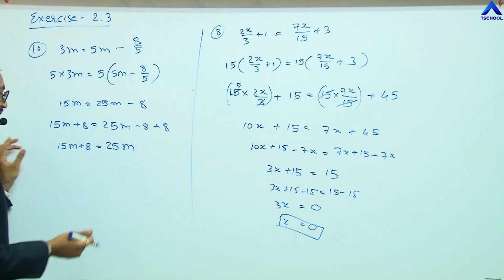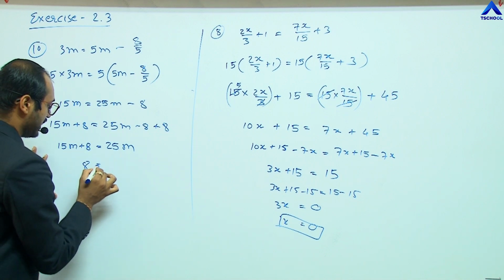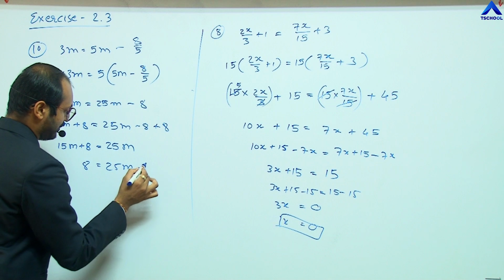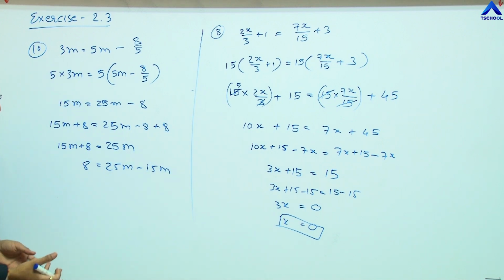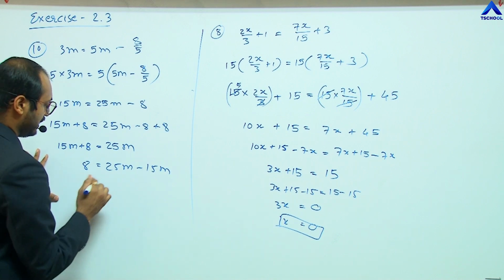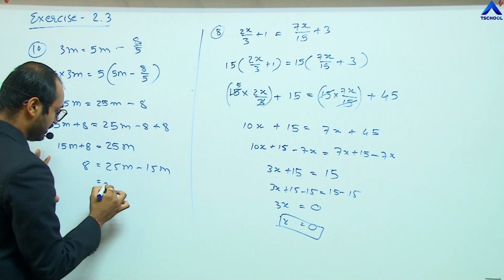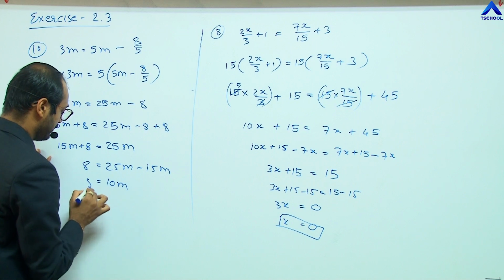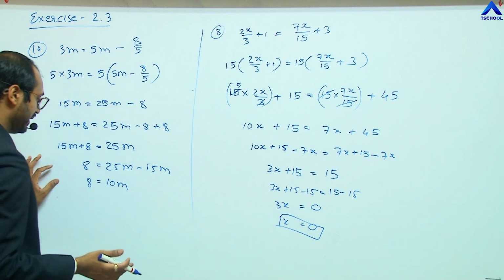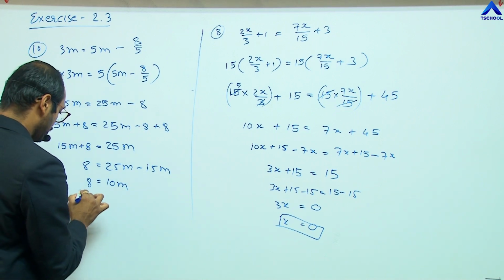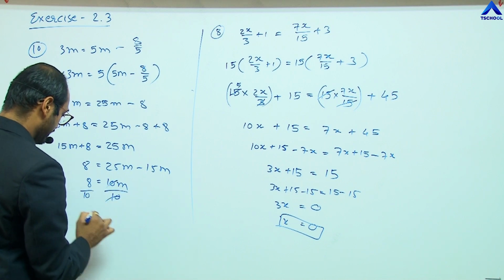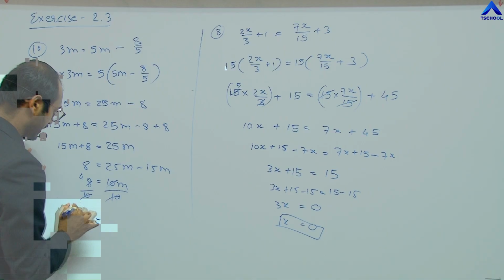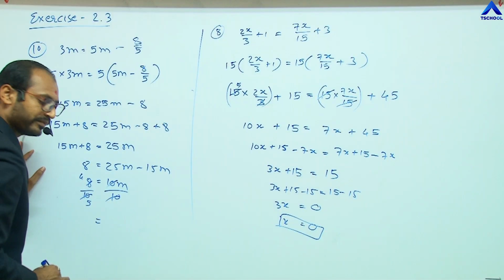Let me subtract 15m on both sides. We get 25m minus 15m. Here plus 15m minus 15m became 0, and then 25 minus 15 is 10m equals to 8. Let me divide by 10 on both sides. Here is m, and here 4 2s are 8 and 5 2s are 10.